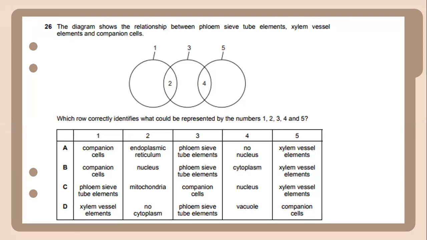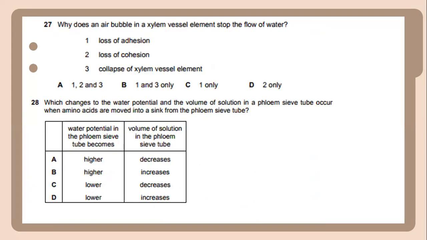Which row correctly identifies what would be represented by the numbers 1, 2, 3, 4, and 5? The answer will be 1 is companion cell, 2 is endoplasmic reticulum, 3 is phloem sieve tube element, 4 no nucleus, and 5 is xylem vessel element.